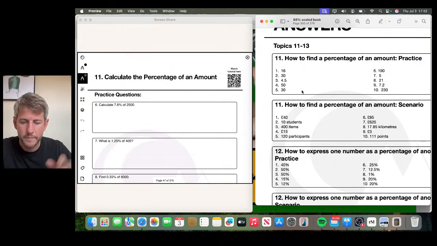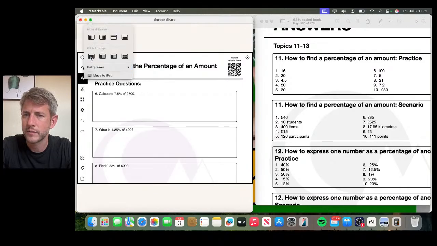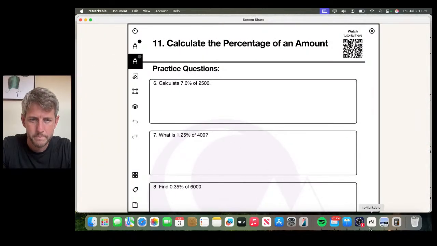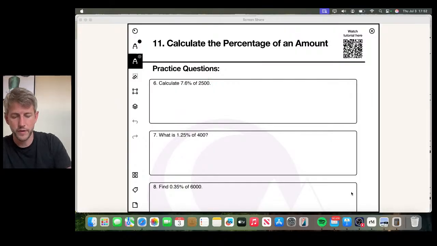So here we go. On this one, in fact, let's go back here and let's enlarge this. Right, so for this one here, the first one is calculate 7.6% of 2,500.